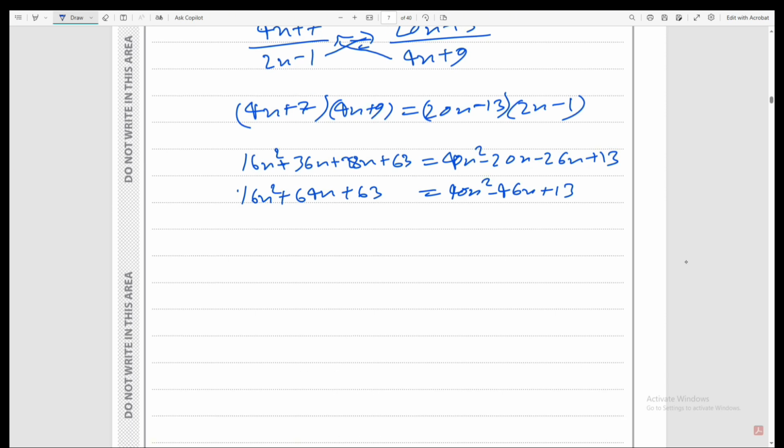Now we need to take all of the terms to one side so we can solve it as a quadratic equation. Let's take them to the other side.